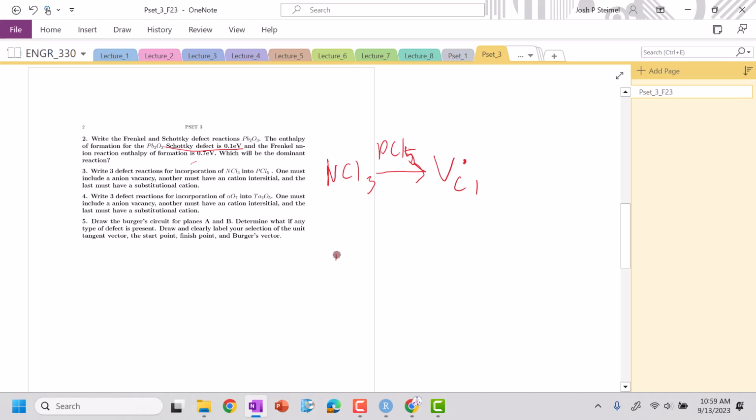Another one has to be NCl3 into PCl5, a cation interstitial. So again, we need to have an N in an interstitial site. You could also have a self-interstitial, but you would probably not want to do that. And that's going to be 1, 2, 3. Then the substitutional cation: N where P should be, so it's 5 to 3, so that should be -2.